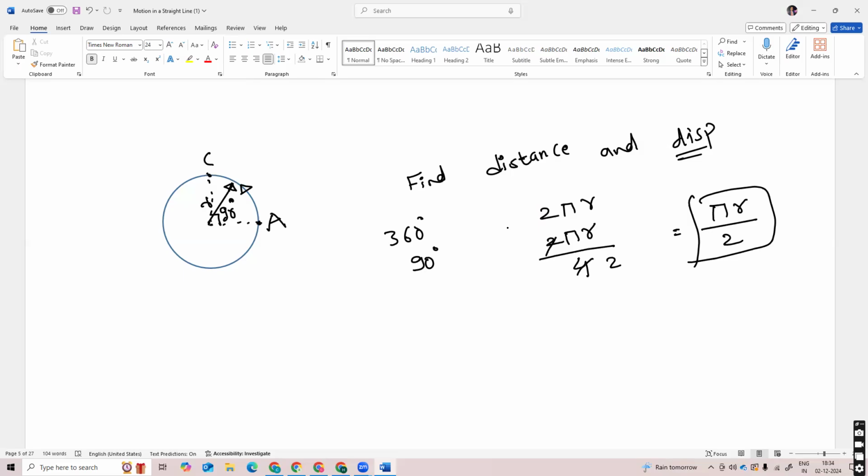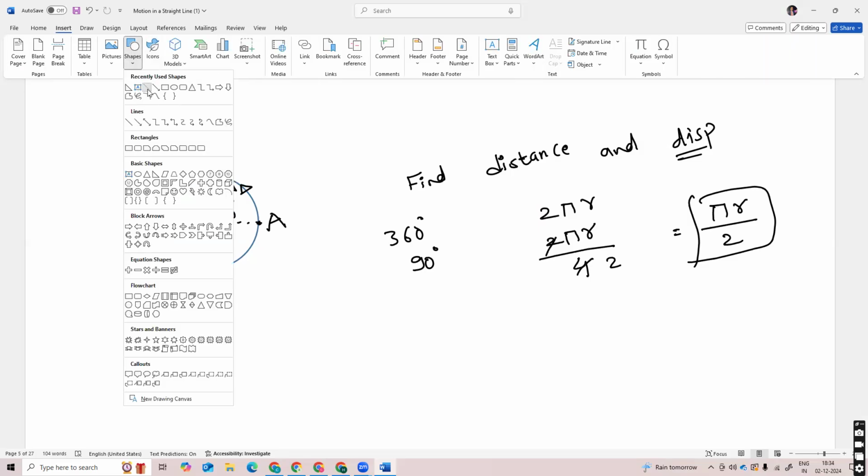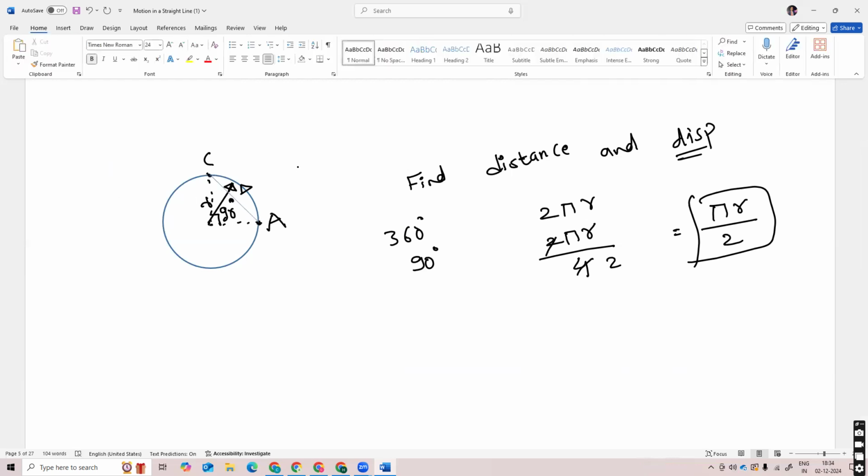Whereas if we have to find out the displacement from point A to point C, let's take a straight line. You know that displacement is basically the shortest distance, and it is given by a straight line. So if you have to find out this distance, here it became a right angle triangle.